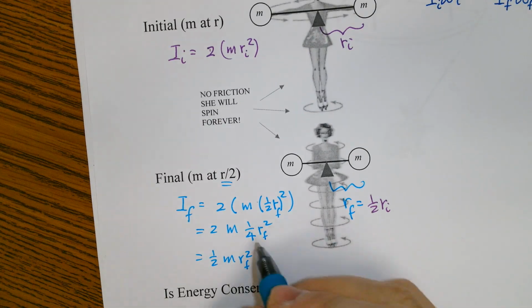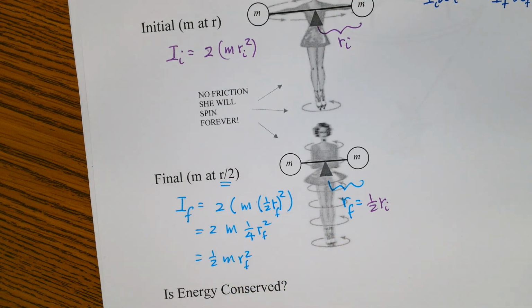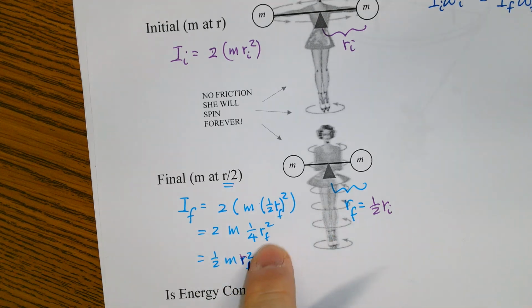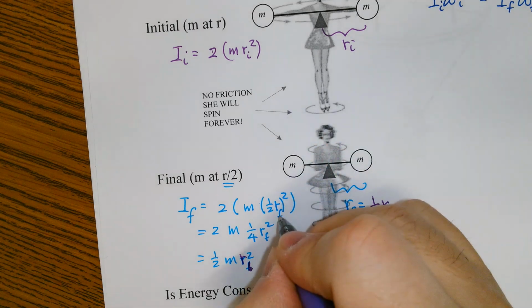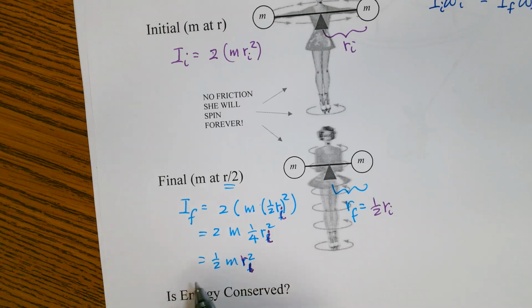So you got 4 times, I guess this should be R initial, because we substituted R final as 1/2 R initial, okay? Sorry for that confusion.